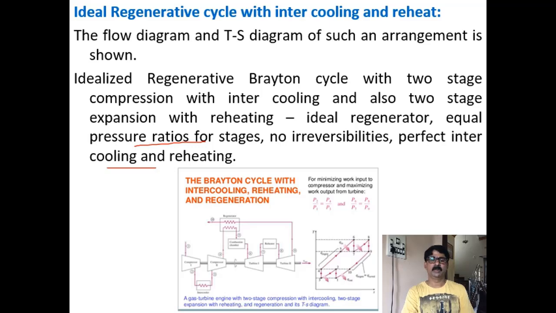That means P2 by P1 is equal to P4 by P3, also equal to P6 by P7, also equal to P8 by P9, and there are no irreversibilities. That means all the compression and the expansion processes are considered to be isentropic.